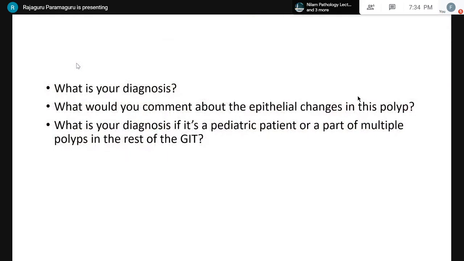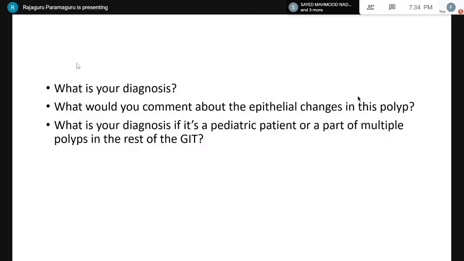Basically, I wanted to ask the audience the diagnosis and what the epithelial changes are, which I've already discussed. The main important thing to point out is that differentiating a juvenile polyp from a hyperplastic or inflammatory polyp in the stomach as well as in the colon is going to be very difficult.